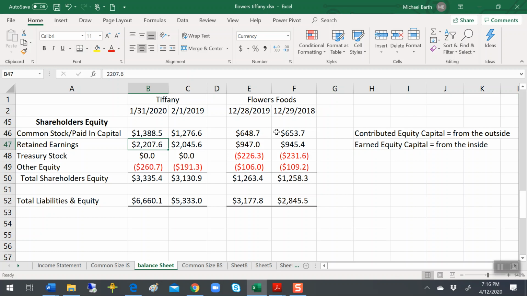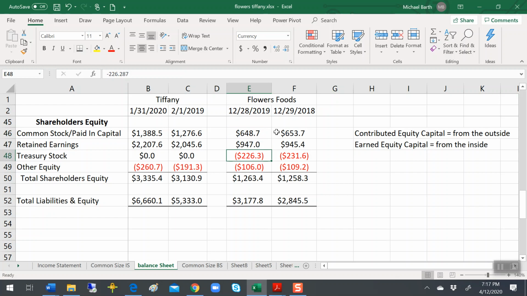Okay. Now, there's something else down here called treasury stock. A company can issue common stock and then buy it back. They might issue it at $10 back in 1952 and then buy it back at $50 in 1993. Whatever they sold it for, they record as common stock and paid in capital.